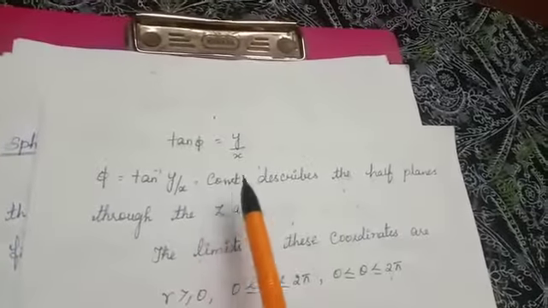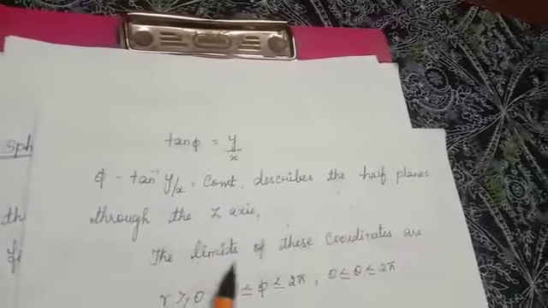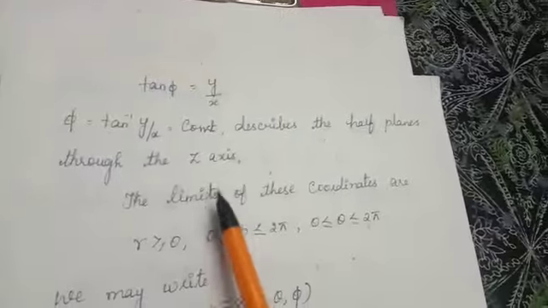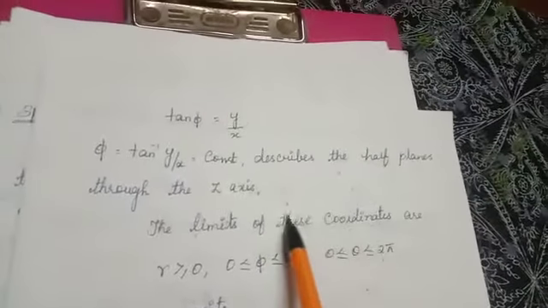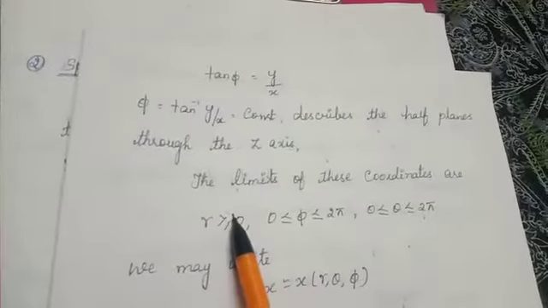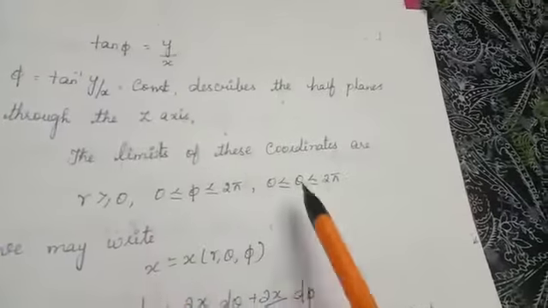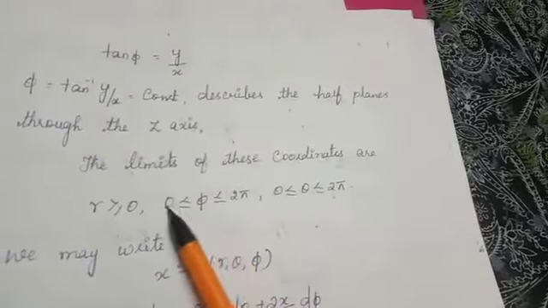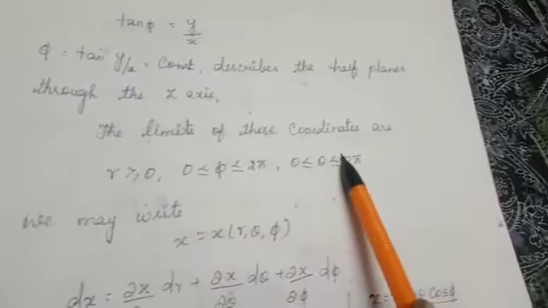So this describes the half planes through the z axis. So the limits of these coordinates, that is r, theta and pi, are: r should be greater than or equal to 0, theta between 0 and pi, and pi between 0 and 2 pi.